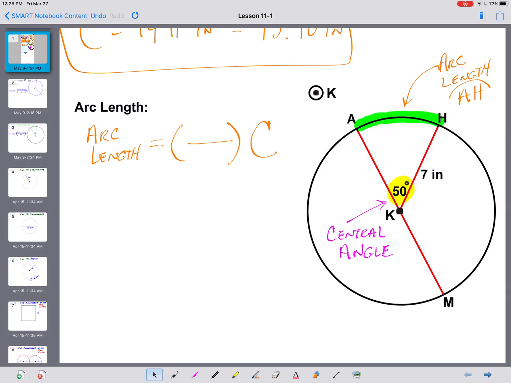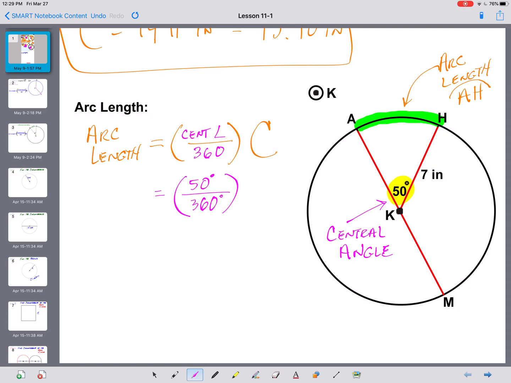Well, think about it. It's a fraction. Hopefully you're thinking, take the central angle, whatever it is, divide it by 360 and multiply it by the circumference. It's a fraction. In fact, this one's going to be 50 360ths. That's the fraction. 50 360ths of the whole circumference.